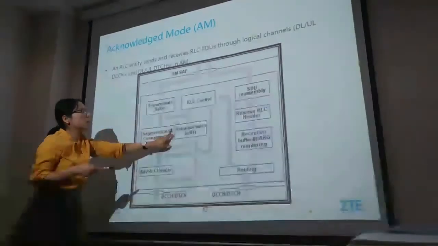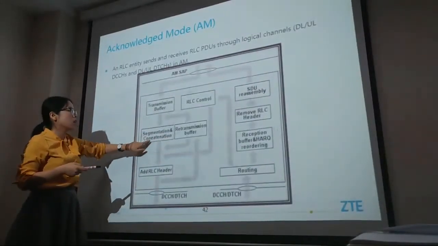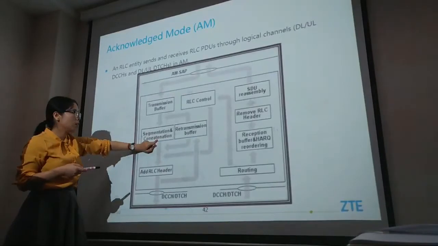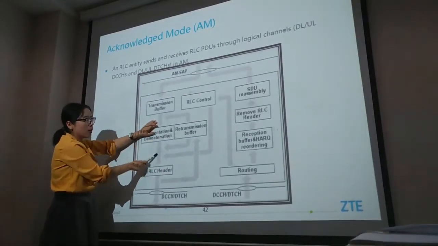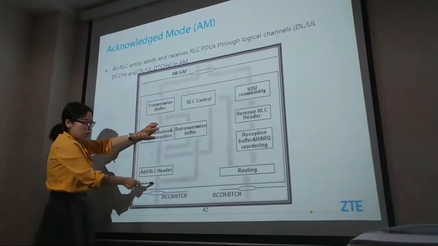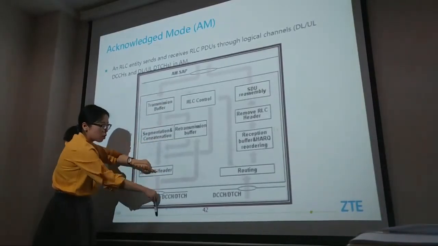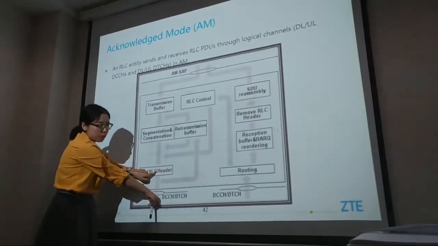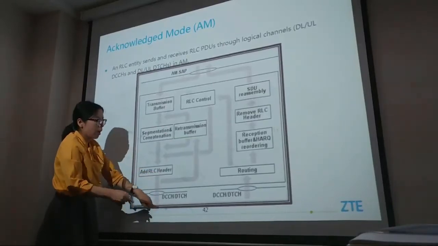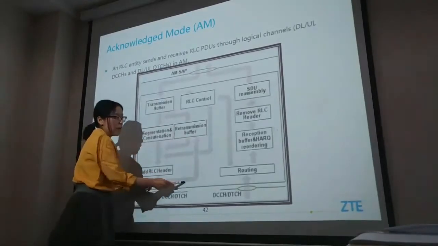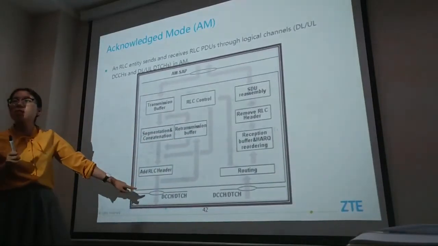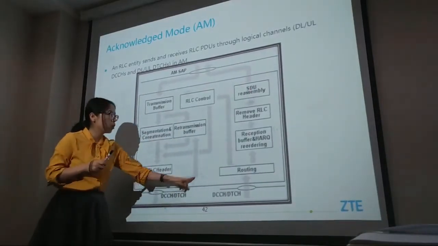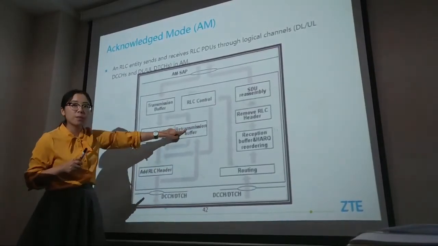So I first perform the segmentation or concatenation, and after that I add a header. This one I need to deliver to the lower layer. But before I deliver it to the lower layer, I will also put it into the retransmission buffer, because maybe I need to retransmit it.